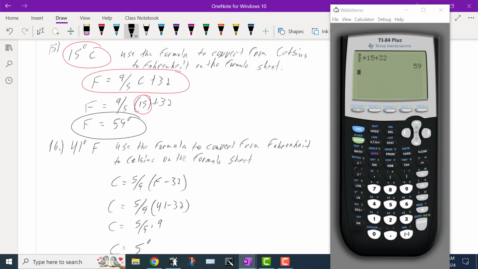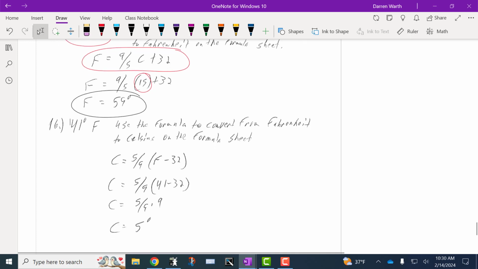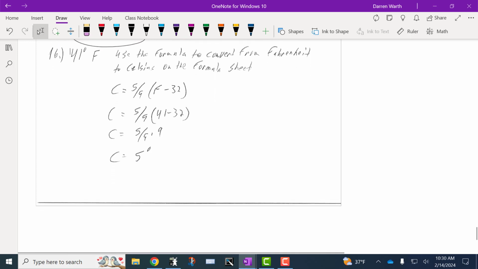Now you do the same thing on number 16, except the directions say that we want to convert from Fahrenheit to Celsius. It says convert the given Fahrenheit temperature to Celsius. Use your formula off the formula sheet. We already found it: C equals 5/9 times F minus 32. Here's my Fahrenheit temperature, 41.